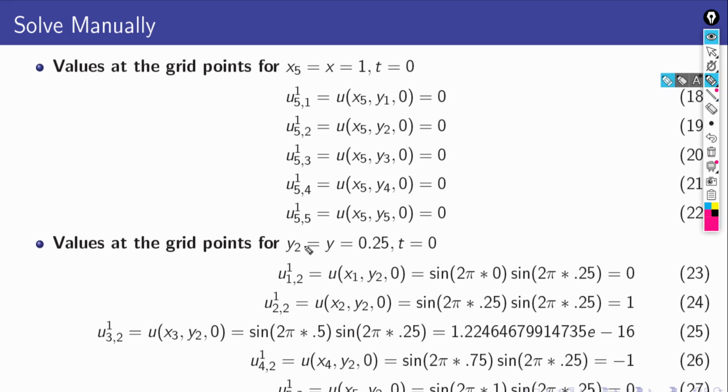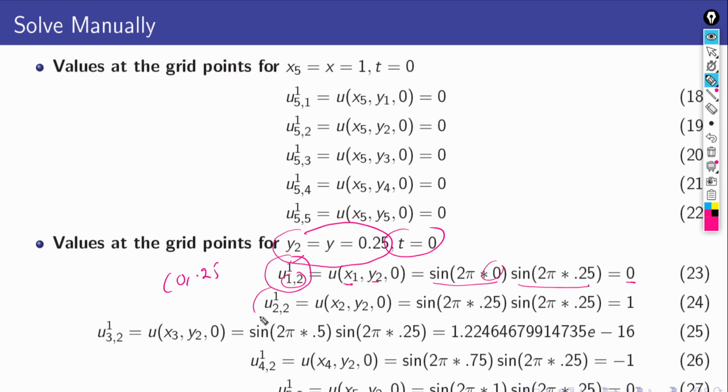Now when we have y2 equal to 0.25 and t equal to 0, for the expression at t equal to 0, we have index 1, and the meaning of this is we have x equal to 0 and y equal to 0.25. So the value of x1 is 0 and that of y2 is 0.25, and we put these values in the given initial equation. When you simplify, this will be equal to 0.